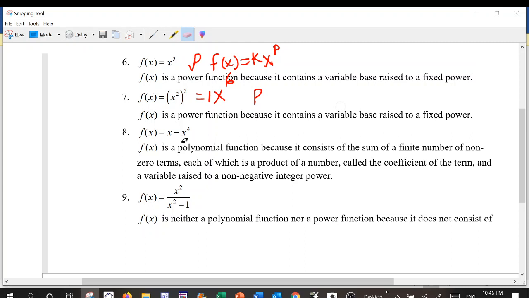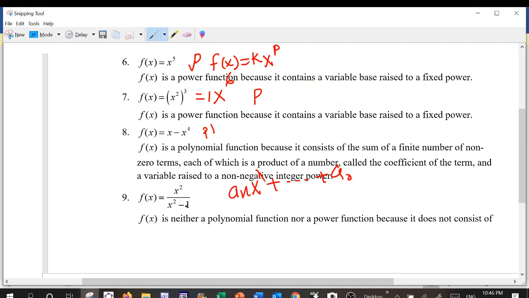What about this one? Well, each of these is like a power function with an integer power and they're combined. So this one is a polynomial, PL, polynomial. And this one is neither because it doesn't look like a polynomial, you cannot write this as a sub n x to the n plus, what we talked about.